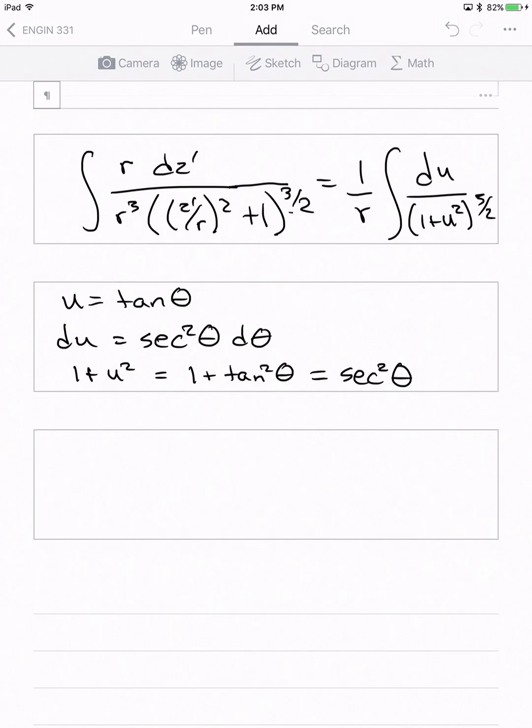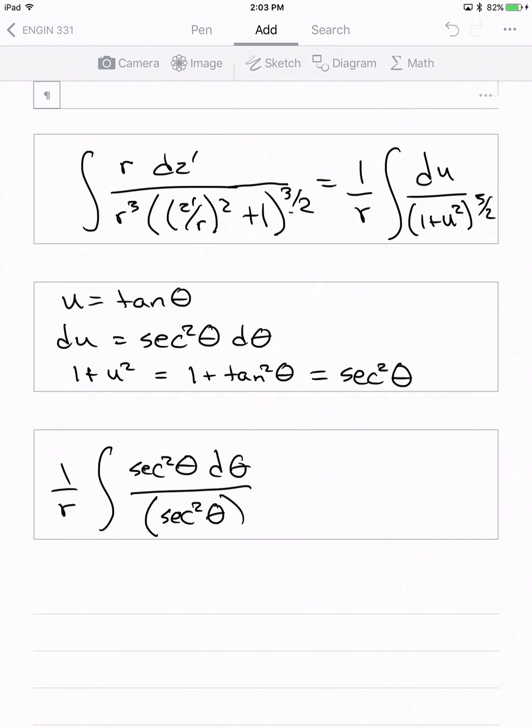With all of that, our integral becomes 1 over r integral of secant squared theta d theta over secant squared theta to the 3 halves, which is equal to, I don't want to drop my 1 over r, 1 over secant theta d theta.